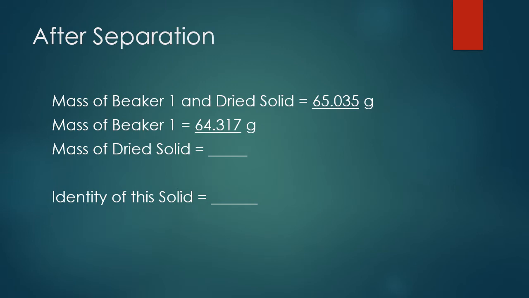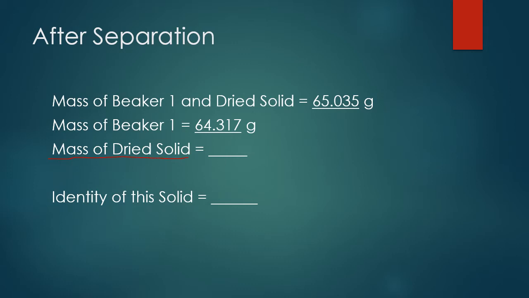Right, next we are moving to page 40, I believe. Yes. So the mass of beaker 1 and the dried solid, and I don't have a picture of this one, I got 65.035 grams. So we need to calculate the mass of the solid. We want the dried solid by itself.